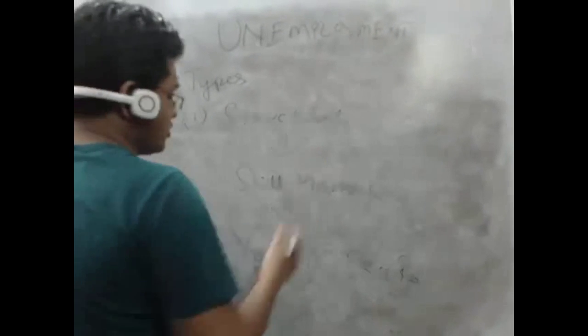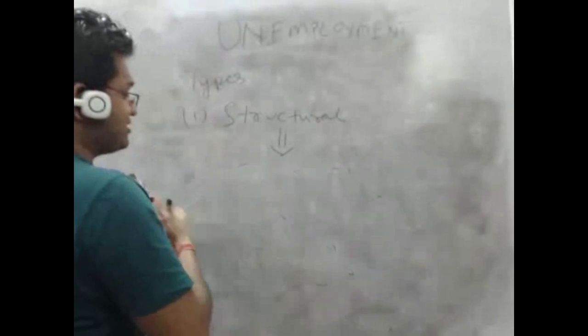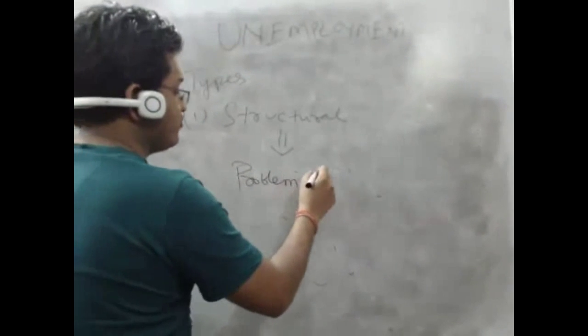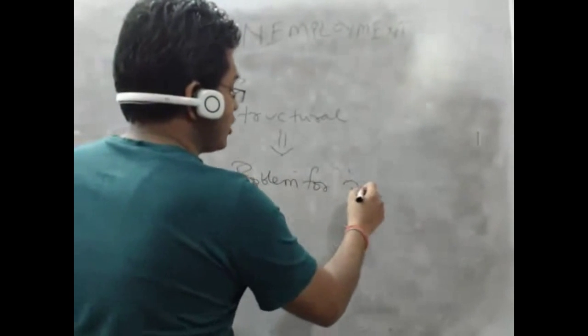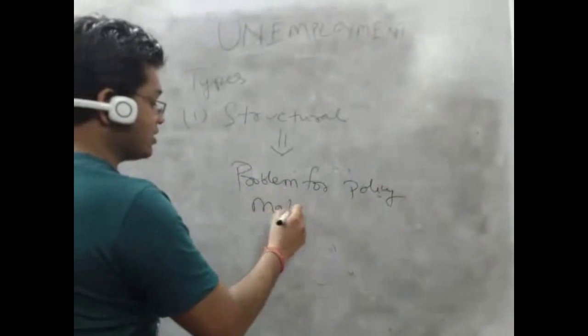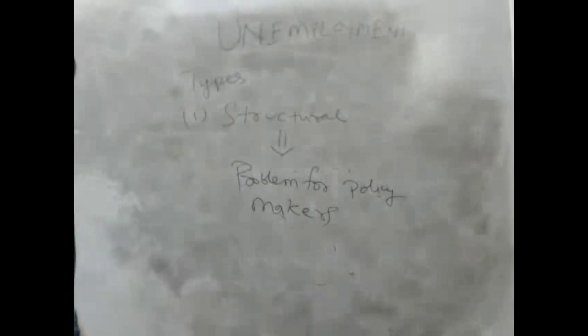So, this is a problem for policymakers. When there is structural unemployment, this is a problem for policymakers. Why is this a problem for policymakers?